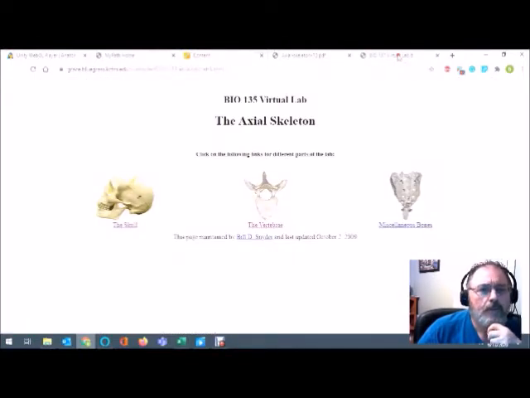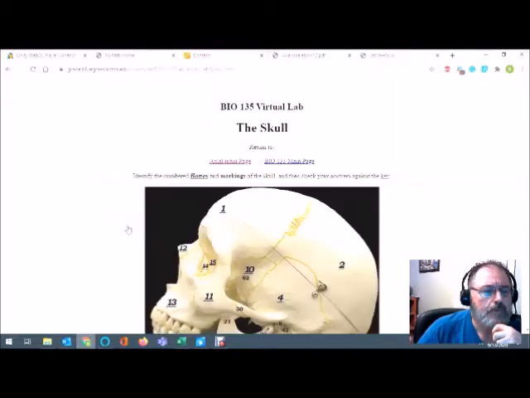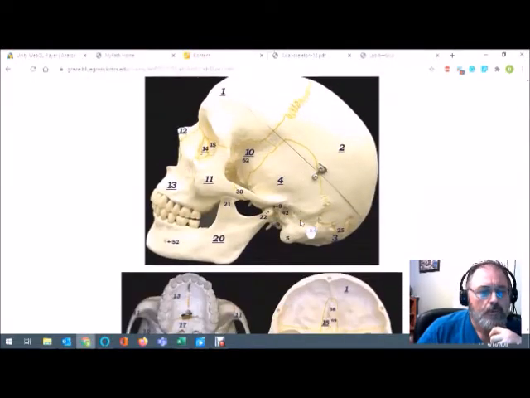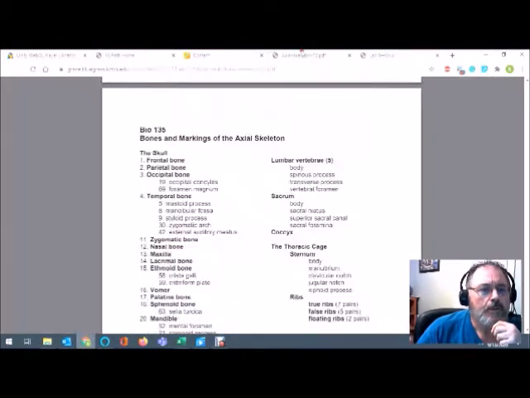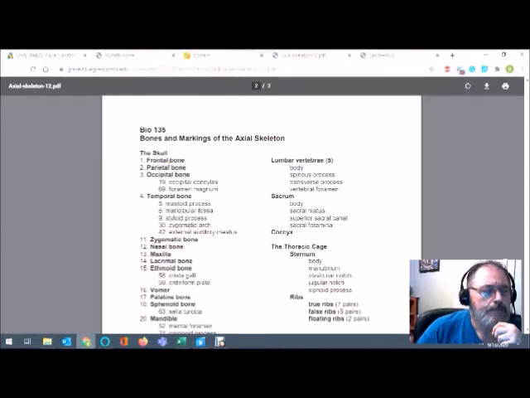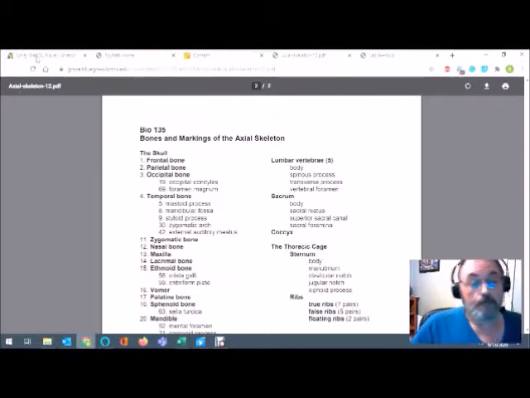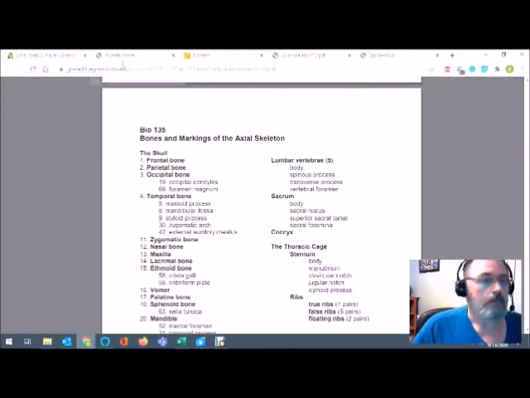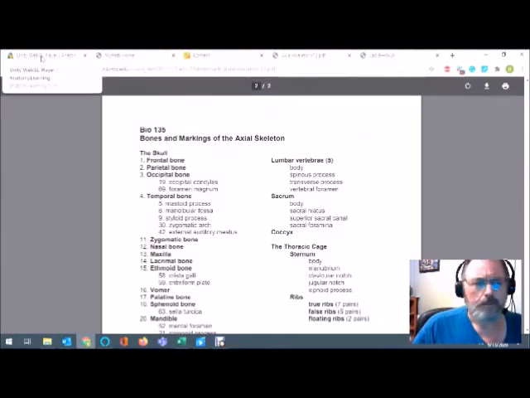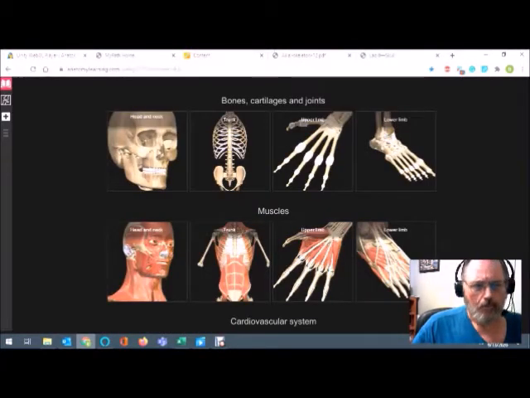If you go back to the virtual lab, there are numbers located on the images on the virtual lab, and those numbers correspond to these numbers. Now, I'm going to go to a separate little screen here so I can do some three-dimensional work and show you these different structures.